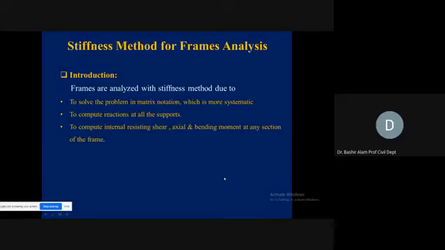The unknowns are the joint displacements. Once the joint displacements are known by using this matrix approach, then you can find the support reactions, and you can find the member actions also, which in case of frames are axial force, shear, and the moment.